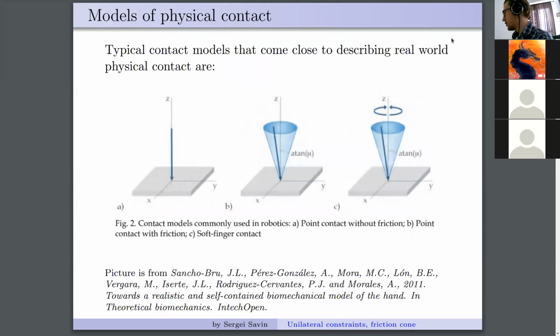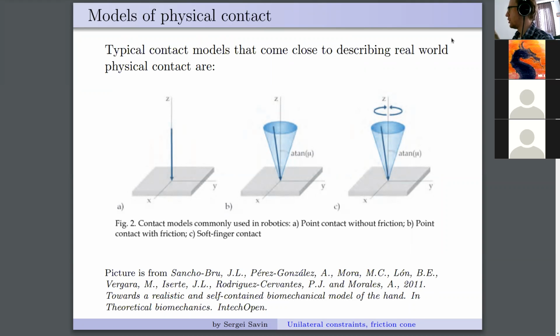Well, here, let us consider this slide. This is pulled from a paper. They distinguish those three typical models of contact. And when they say contact, they don't mean bolted to the ground, as we described before, but actual contact.